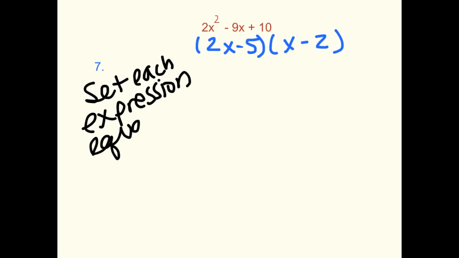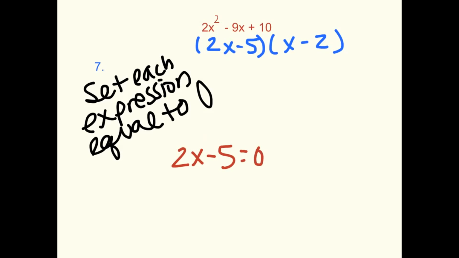So I'm going to set 2x minus 5, that's one of my factors, equal to 0. And then I want to do the other one, x minus 2 equals 0. And now I want to solve for x.